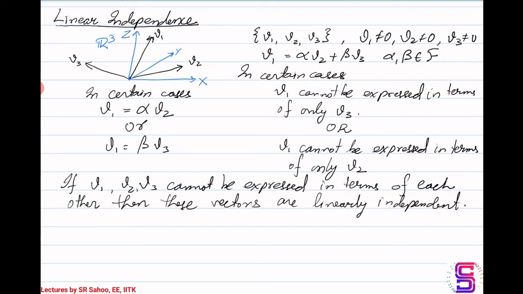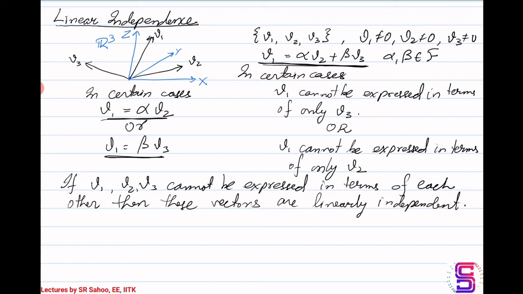Now, why does the term linear come in? If you notice the relationships that I have written here to express v1 in terms of v2 or v3, they're all linear with respect to the vectors. The expression of v1 as alpha v2 plus beta v3 is linear with respect to the vectors v2 and v3.